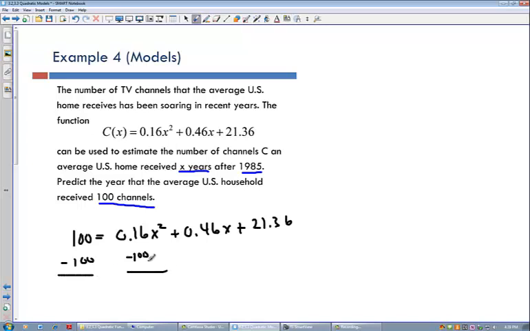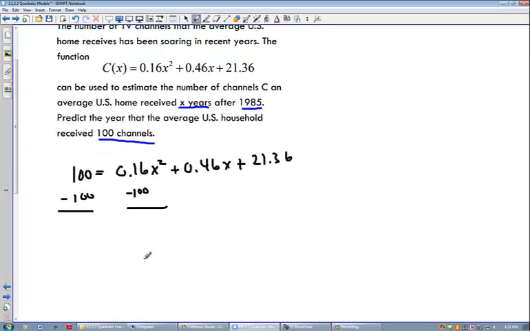And we'll wind up getting, let's write it all on the left-hand side here, 0.16x squared plus 0.46x, and then minus, I have to figure out 21.36 minus 100.